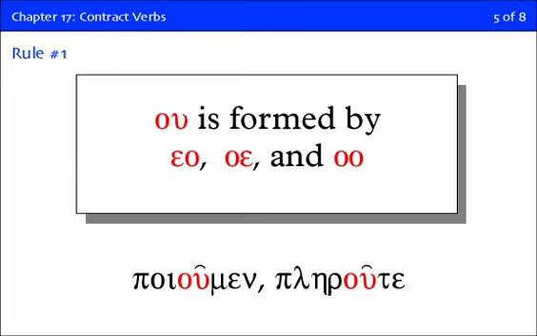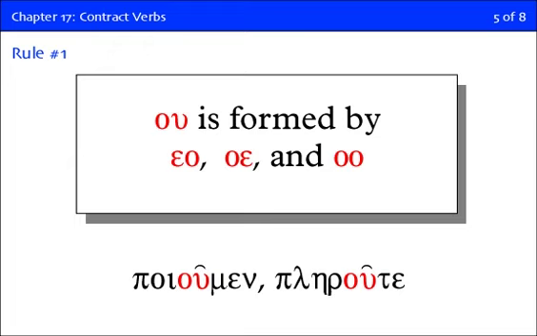How would you know that this is not poiao, an omicron contract verb? Memory. I mean, if you didn't know the verb and you looked it up, you may guess that it's an omicron contract, you'd go to poiao and you wouldn't find an entry. Oh, there must be an epsilon contract. Now, the fact of the matter is most contracts are epsilon contracts, then alpha contracts, then omicron contracts.